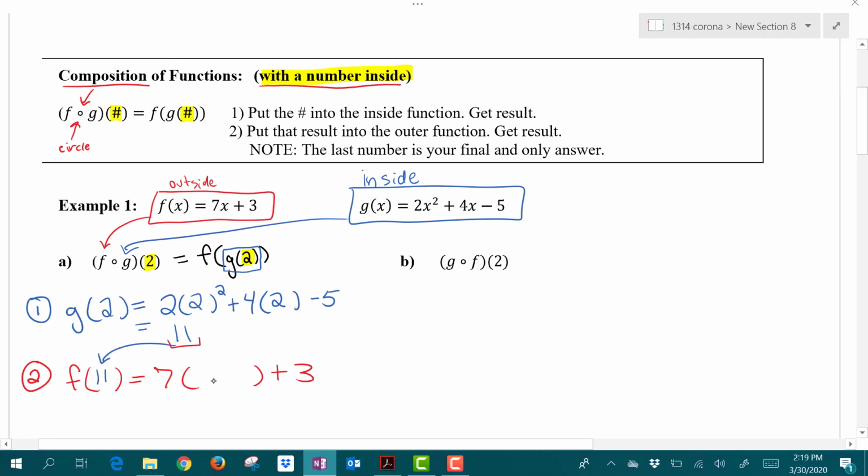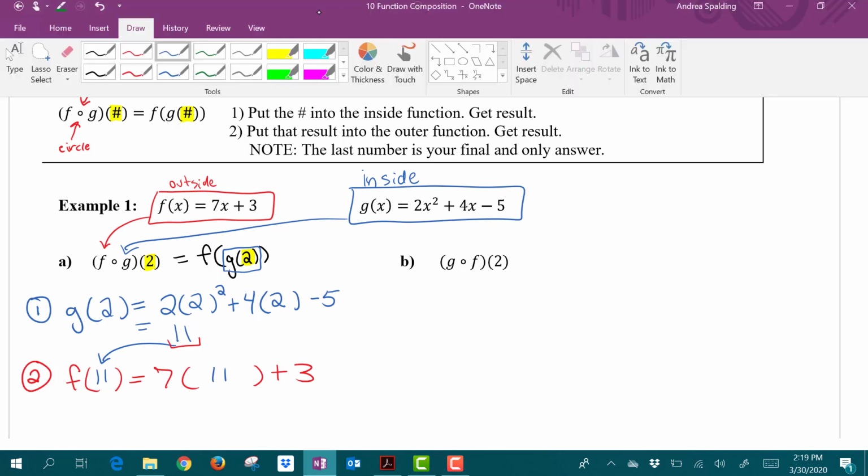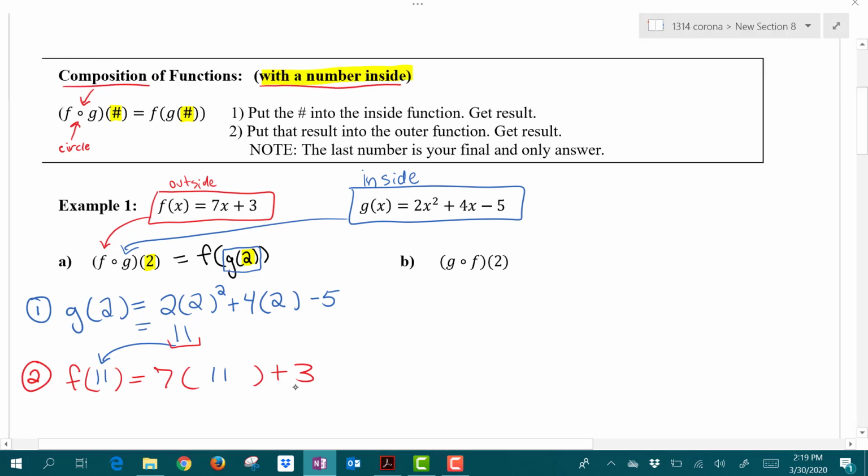Throwing that into our calculator, we get 77 plus 3, which gives us 80. Our steps say that the last number you get is the final and the only answer. So our final answer there is 80.